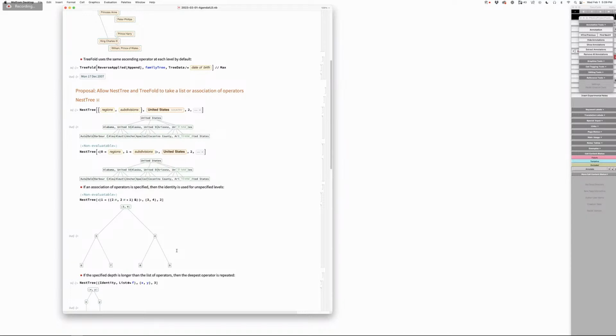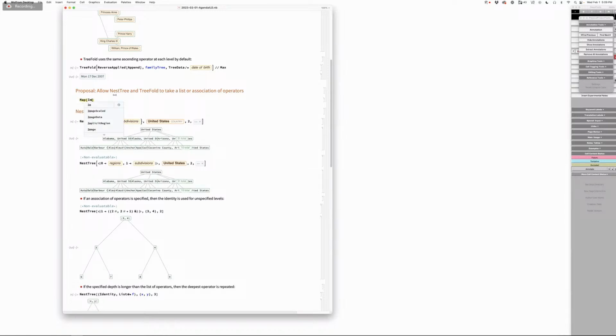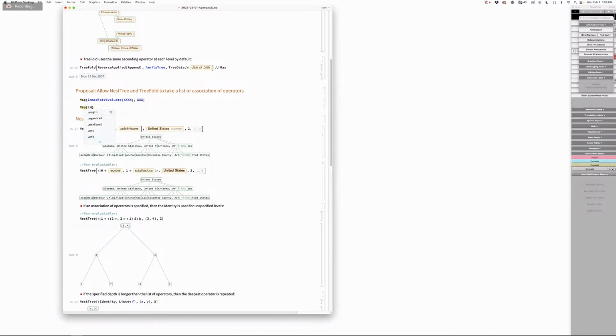And it's not a wrapper of some kind, like we were talking about, things like Map, immediate, evaluate, and so on.